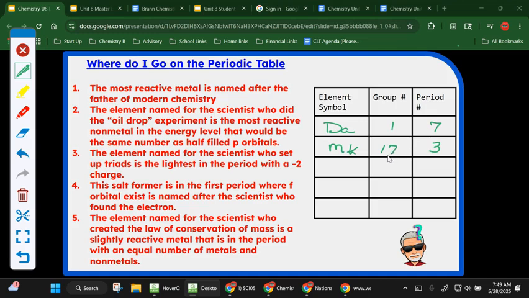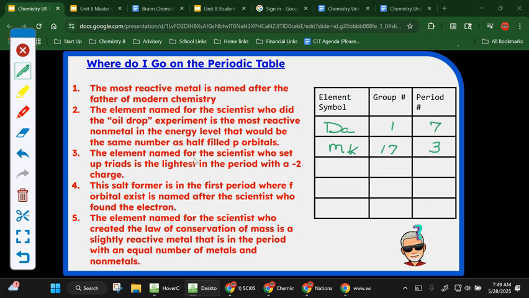You can't go to group 18. Why? Those are non-reactive. Very good. Yes, Tanaya. So it's just half the number of electrons if you're asking for half. Correct. Or it's the number of orientations. You can think of it that way too. The number of orientations are the number of half-filled orbitals.